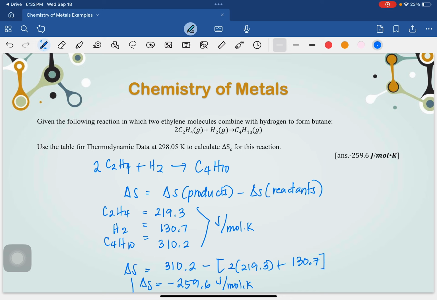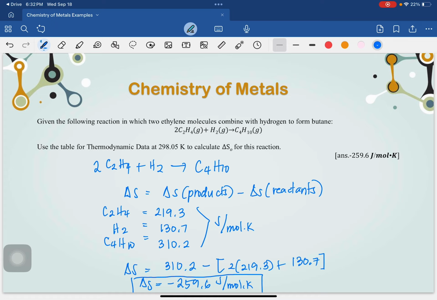So perfect, we have our answer. In this problem, we really didn't derive a lot of data because we can just get the values from our thermodynamic data table. I believe you have that, okay?